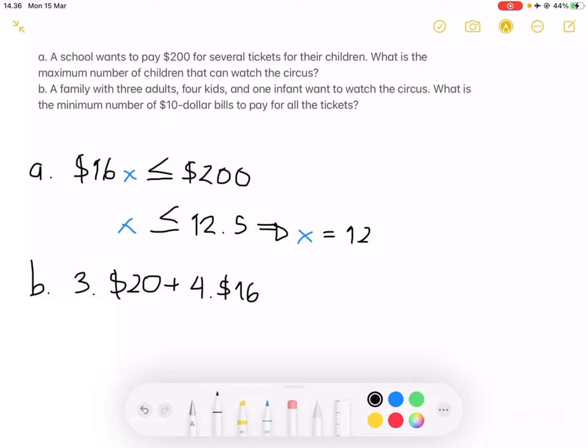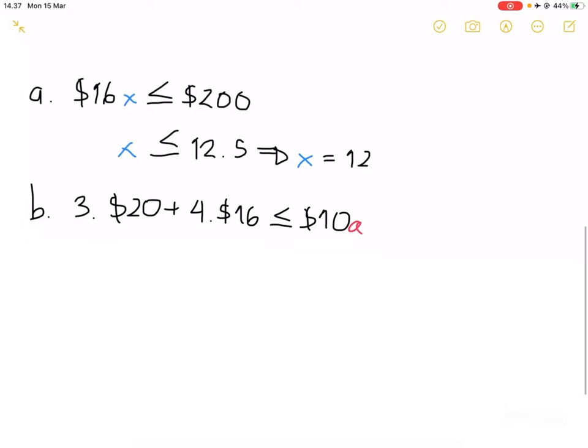And this price must be less than or equal to the total payment for the $10 bills, which will be 10 times A. Well, we get 10 because that's the value of one $10 bill, and we get A because we suppose that the number of $10 bills is A, and thus we can solve this inequality.